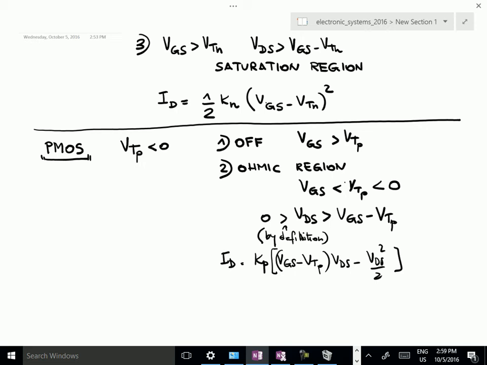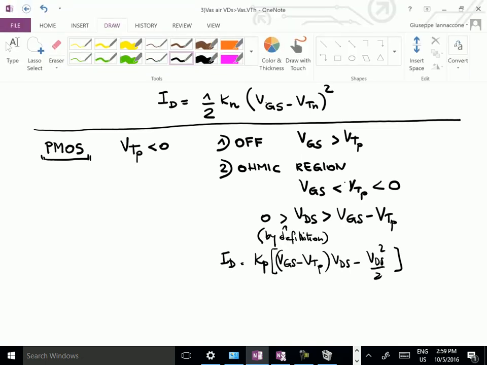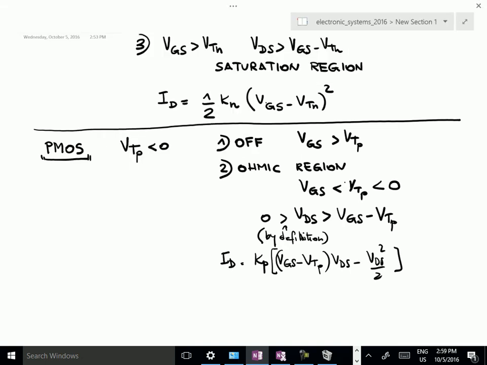VTP is the threshold voltage of the PMOS. Kp is the transistor constant of the PMOS. So let me just mark this. This is the threshold voltage.